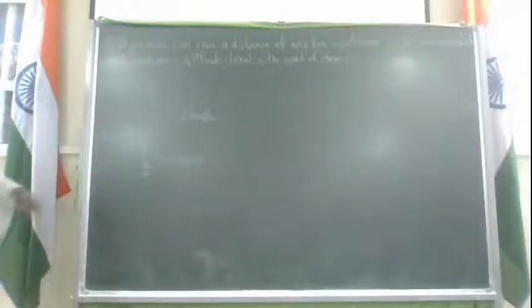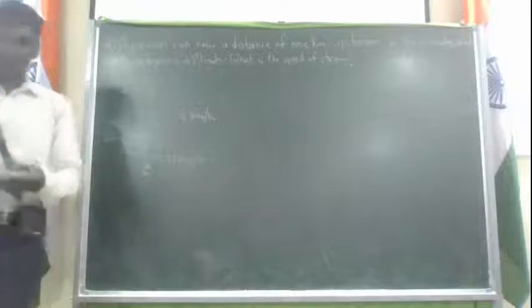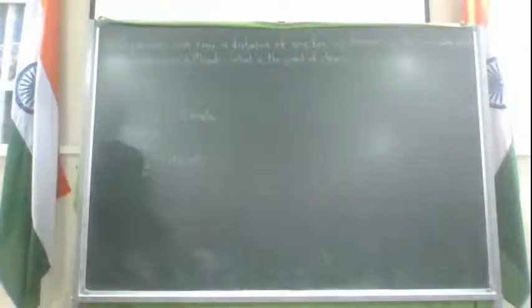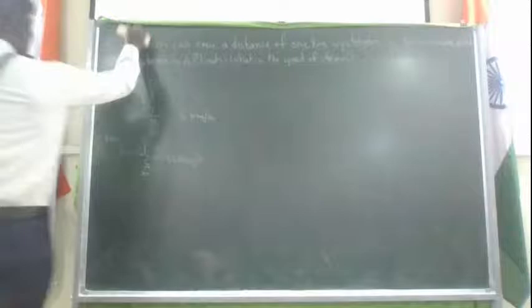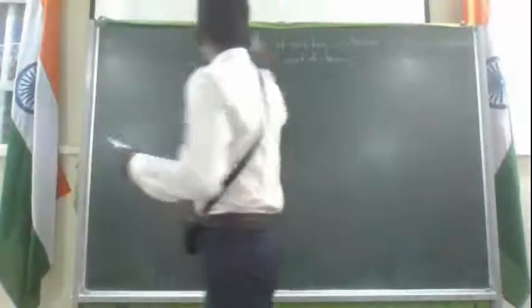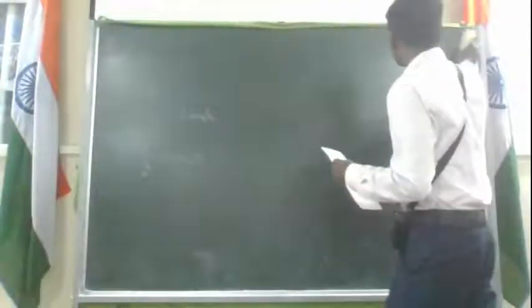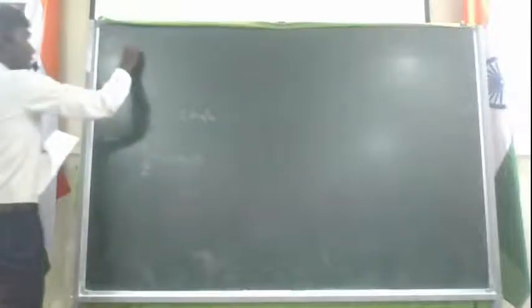What is the formula? 15 minus 6 by 2. Very good. The answer is 4.5 kilometer per hour. Be careful with the units here. Meter per second, kilometer per hour. Shall I move to next question? Understanding or not? Yes. Next.